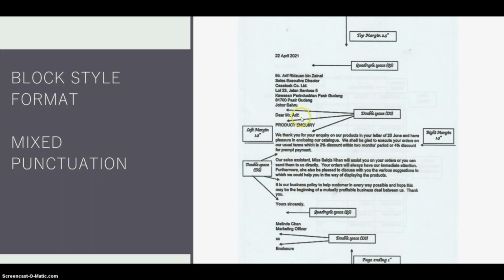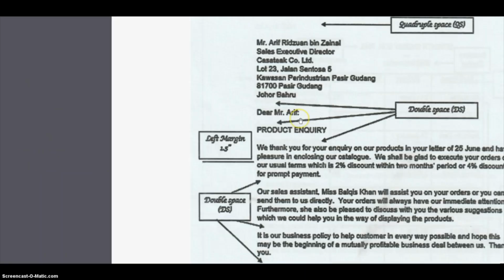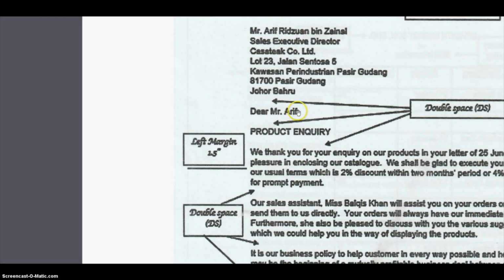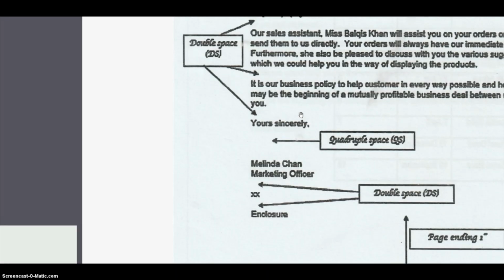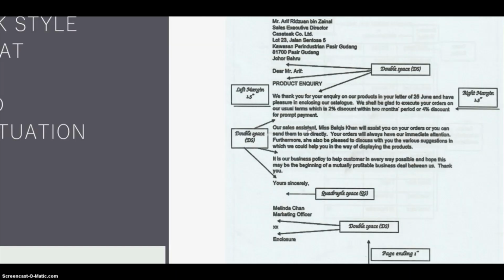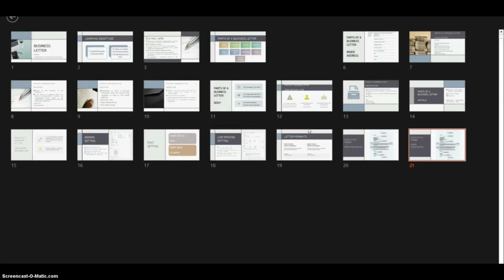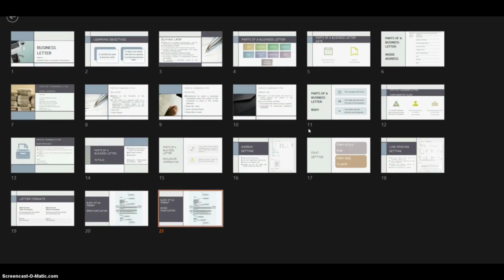This is an example of mixed punctuation. Notice there is a colon after the salutation and a comma after Yours sincerely. All right, let us transfer this into a proper document, and with that, we try one exercise.